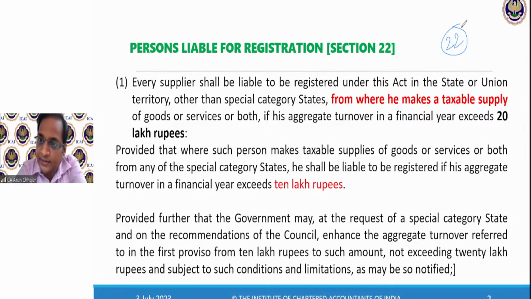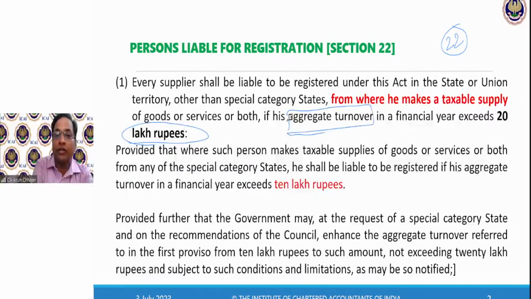Section 22 is basically the requirement for taking the registration when your turnover exceeds the prescribed limit. What is the prescribed limit? They are prescribing 20 lakh rupees if your aggregate turnover.